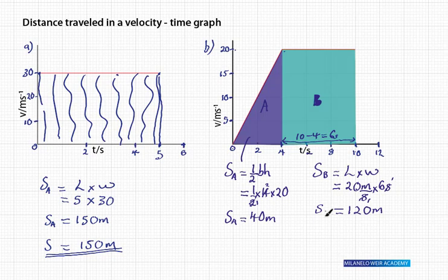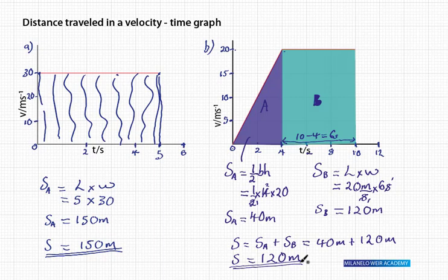Yes. So the total distance S is equal to S due to area A plus S due to area B, which is 40 meters plus 120 meters.